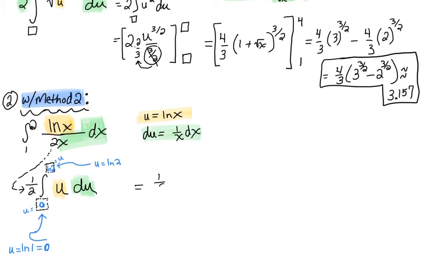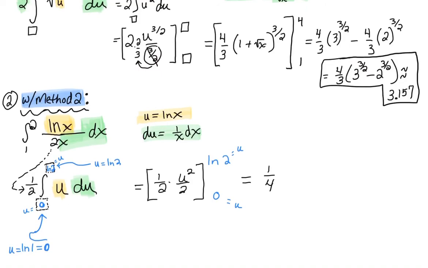So now I'm going to have 1/2. The integral of u is going to be u squared over 2. There's no plus c because we have a definite integral. And in this case, I have already converted those into my u limits of integration. So these are u limits of integration. And so that means I can go right to evaluating in between these limits.